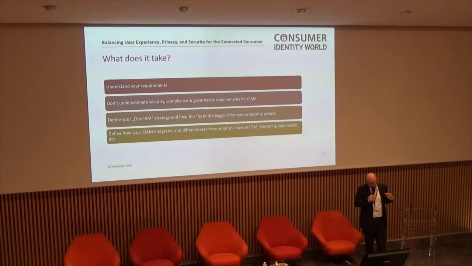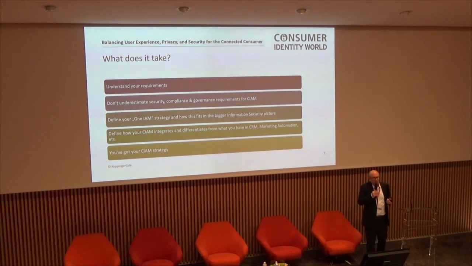So, define also how your consumer identity management integrates and differentiates from what you have in CRM, for instance, in marketing automation, etc. And then you've got your consumer identity strategy. Okay, it takes a little, but I think it's important to understand how this works with all the other elements, to understand which tool do you need or which set of tools do you need. So this is just my input for today.